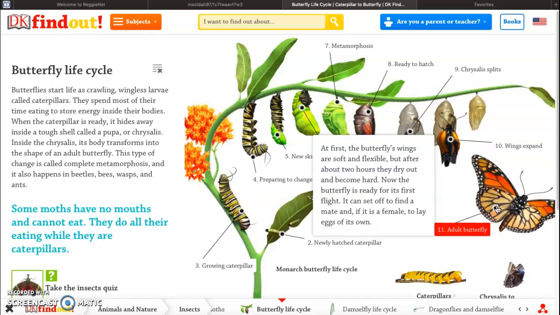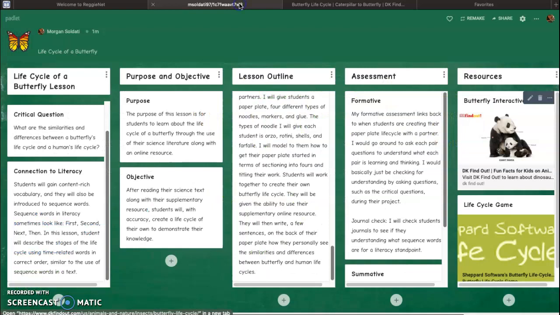At first, the butterfly's wings are soft and flexible, but after about 2 hours, they dry out and become hard. Now the butterfly is ready for its first flight. It can set off to find a mate and, if it is a female, to lay eggs of its own. So it goes into more detail about the life cycle.